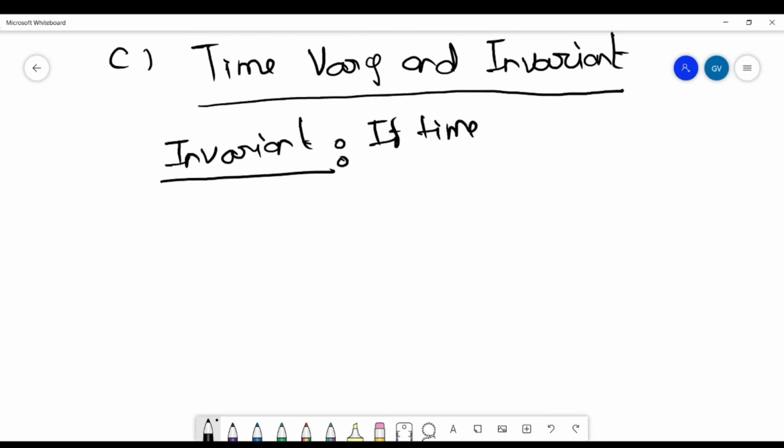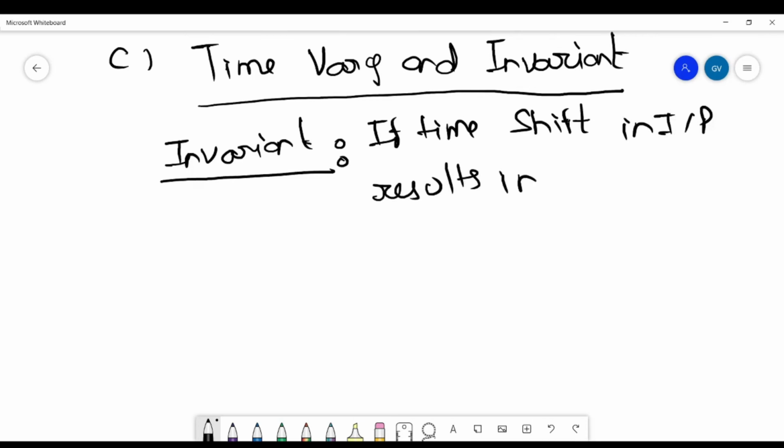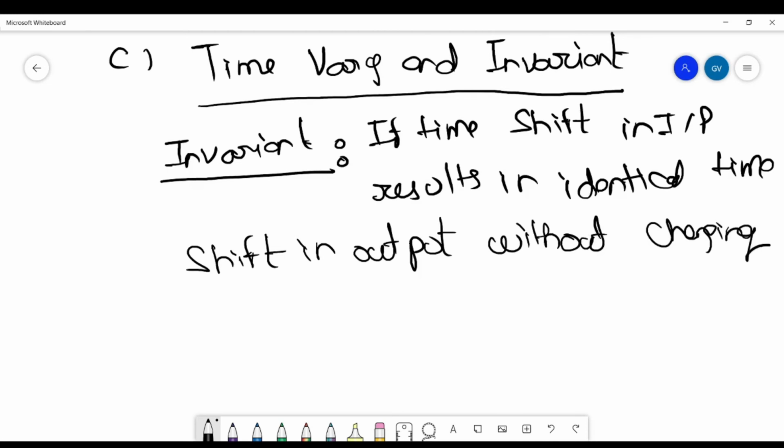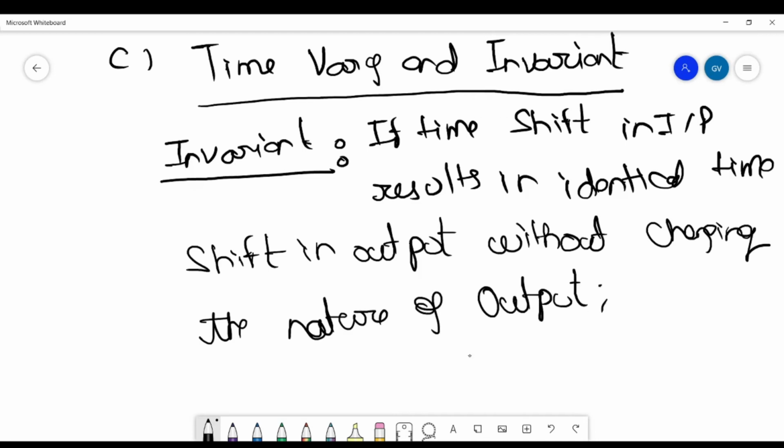If the time shift in the input results in identical time shift in output, without changing the nature of output, then it is called as time invariant.